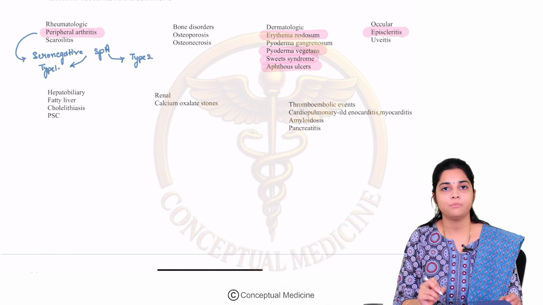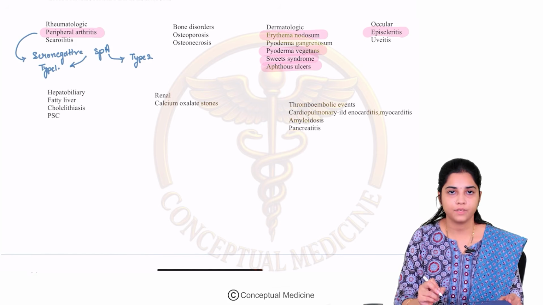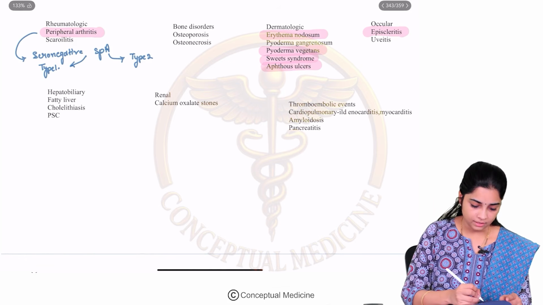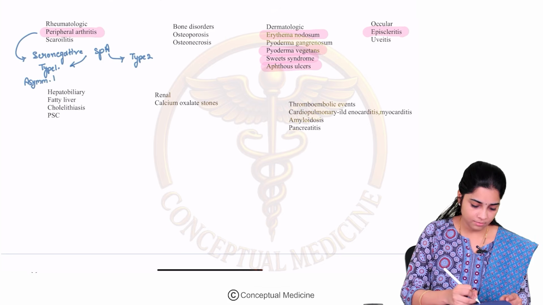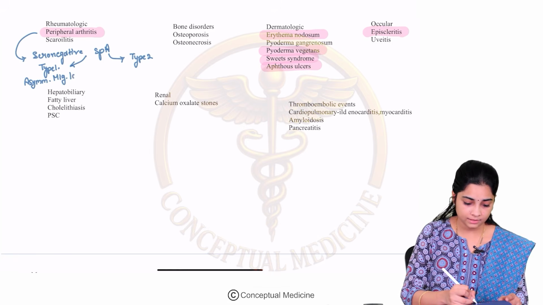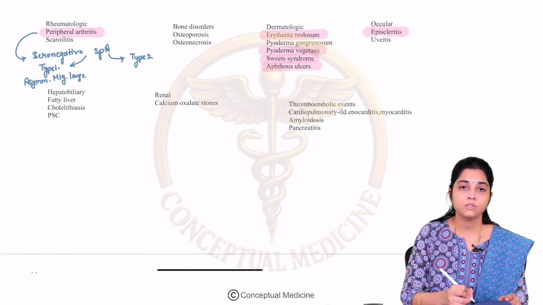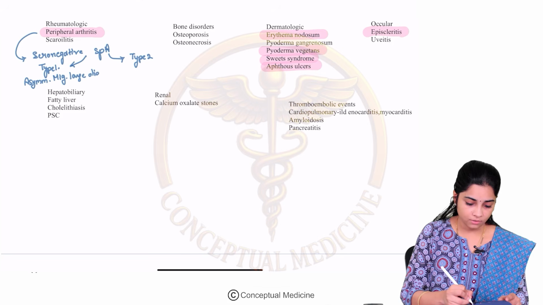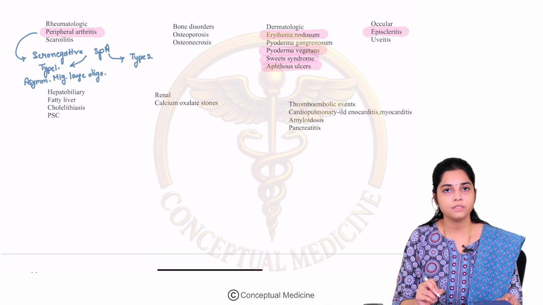Type 1 is an asymmetric, migratory arthritis which involves the large joints, and it is an oligoarthritis. That means what?